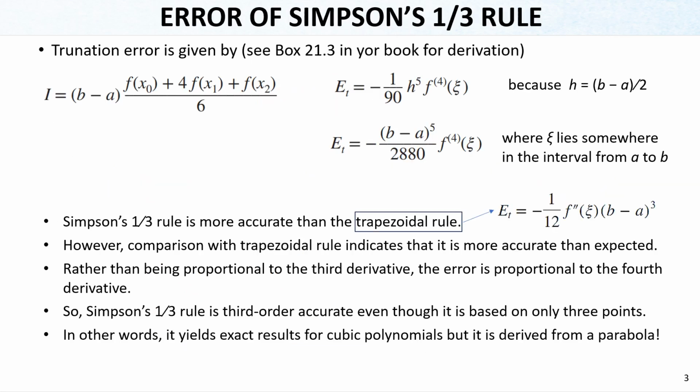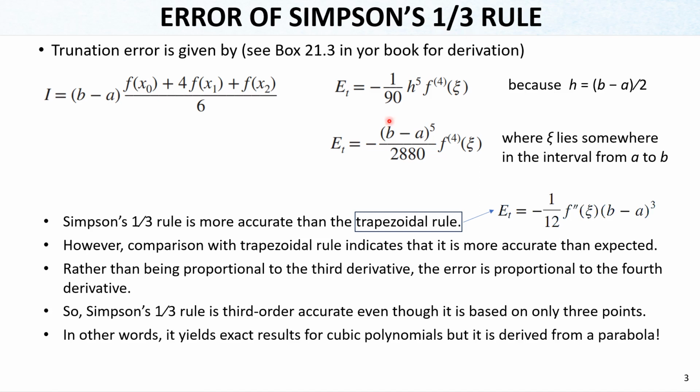For the error of the Simpson's 1/3 rule, we have the same idea of the Taylor series expansion, because we have a parabola, which is a second order polynomial. After the second order, we need to truncate the function, and the rest will be our truncation error. But there is something unique for Simpson's 1/3 rule.